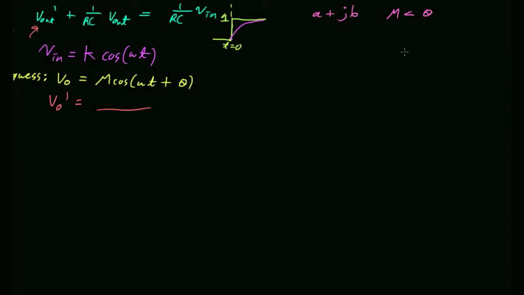And we even had a relationship for going back and forth between the two of them, right? We said that A, the real part, was m cosine theta, and B was m sine theta. Did we not?